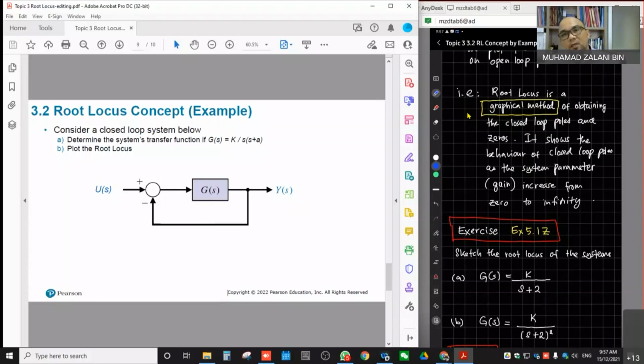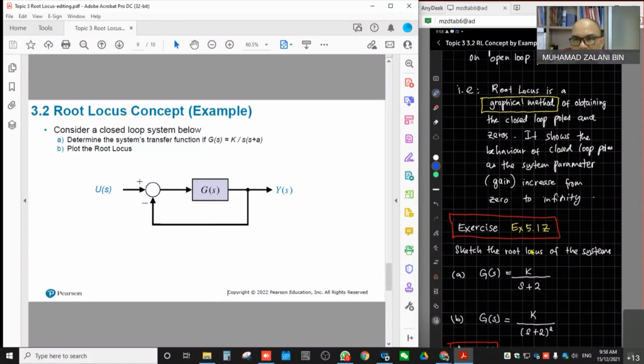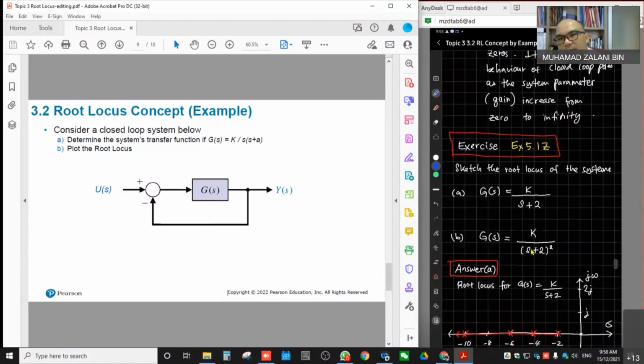We represent in terms of that S-plane punya tu sebagai graphical method of obtaining the closed loop poles and zeros. It shows the behavior of closed loop poles as the system parameter gain increases from 0 to infinity. Okay. So I will leave some exercise for all of you to do later.